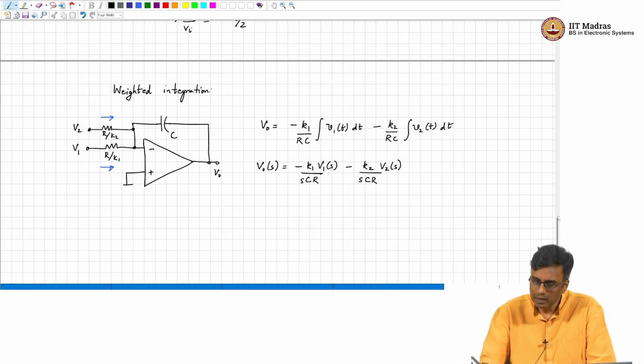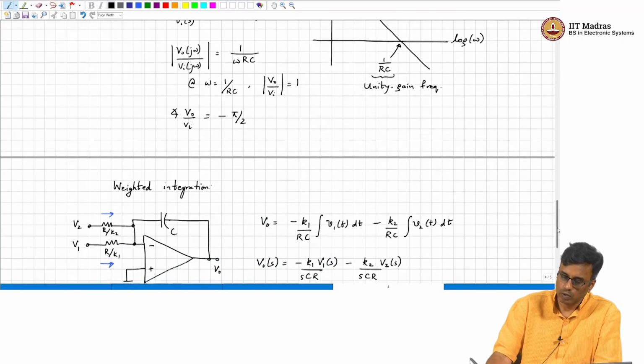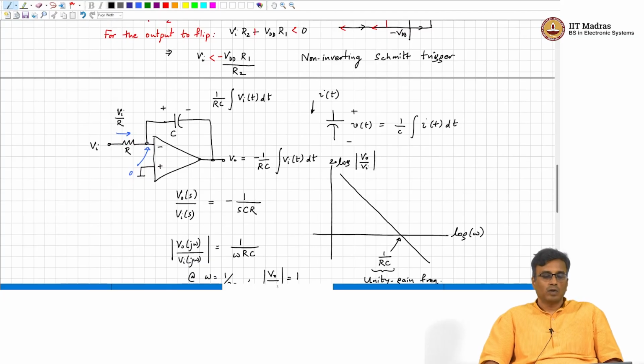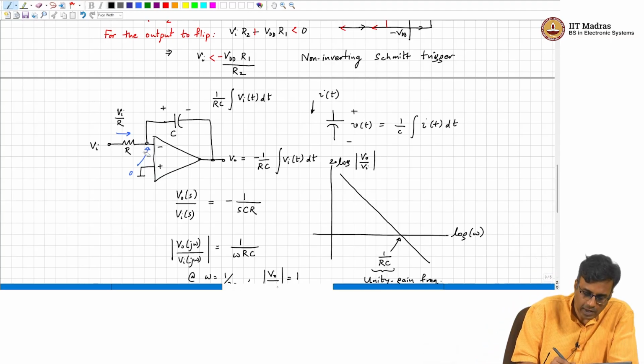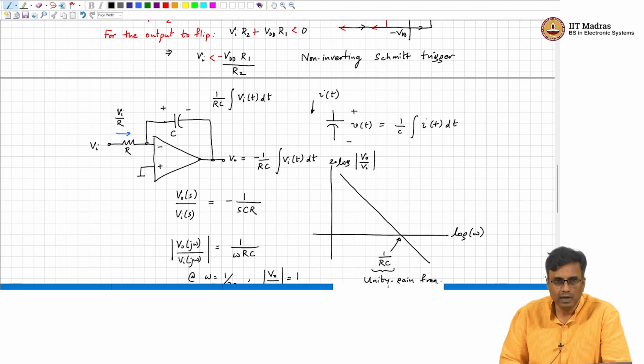So, one thing I would like to draw your attention to when you are trying to realize an open loop integrator. Let us assume that the op amp has got some tiny offset. What is offset?